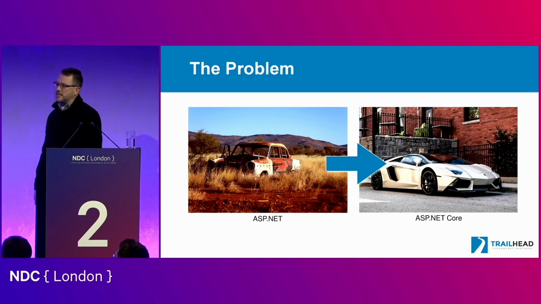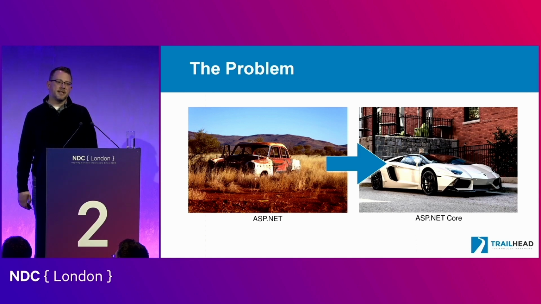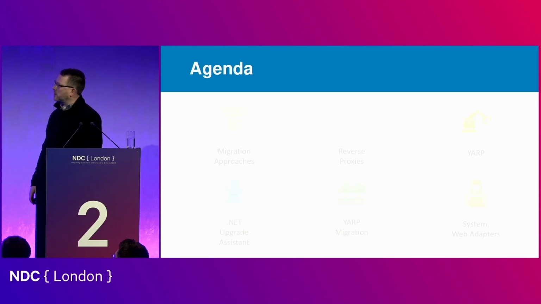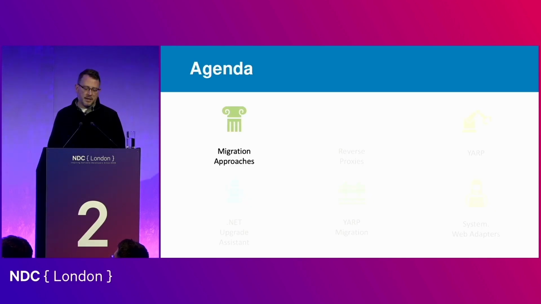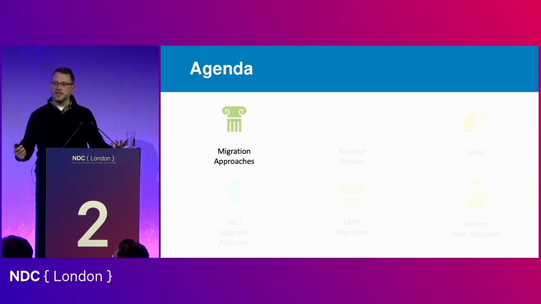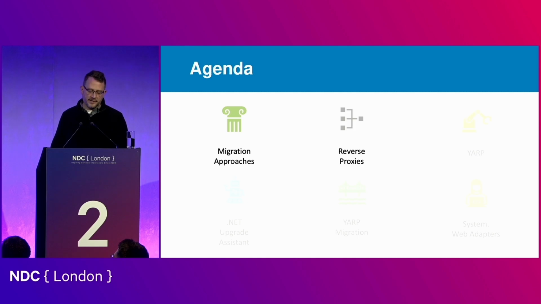The only bad thing is that if you're doing an ASP.NET to ASP.NET Core migration, it is not quite as easy and automatic as some of the other ones, because there's a lot of breaking changes in ASP.NET Core. So today what we're going to talk about, first of all, is some of the different approaches, and the one that I'm going to focus on that you might use when gradually migrating something like an ASP.NET application over a longer period of time.